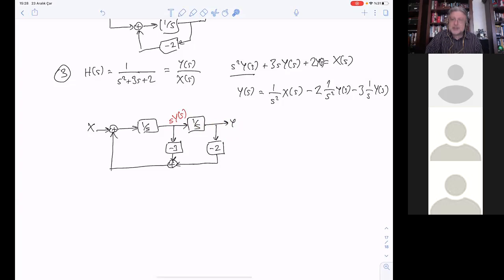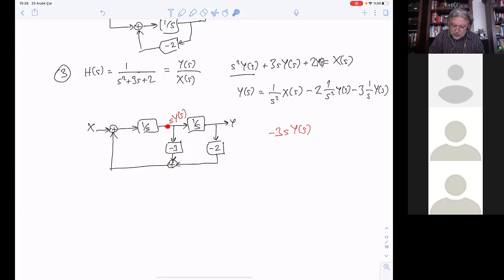And s times y of s, now let us watch what is happening to s times y of s. S times y of s is multiplied by minus 3. Meanwhile, I'm going to write it. Minus 3 times s times y of s comes here. And then it is added to x and other components. It's added once here, but I'm isolatedly thinking of s times y of s. What's happening to it? It's multiplied by minus 3.